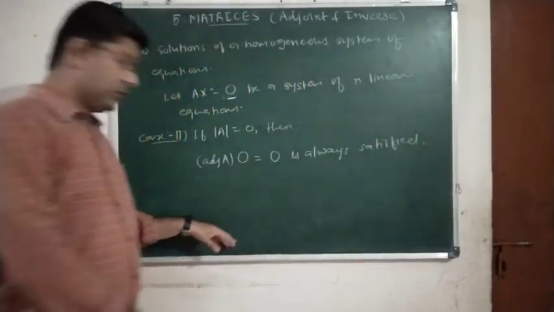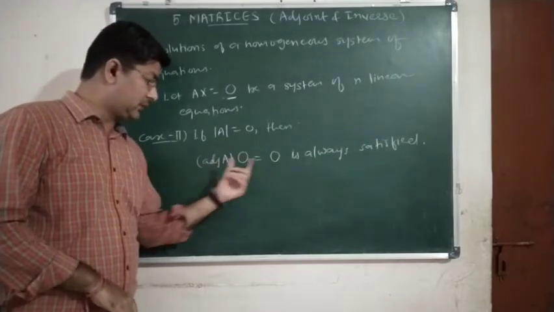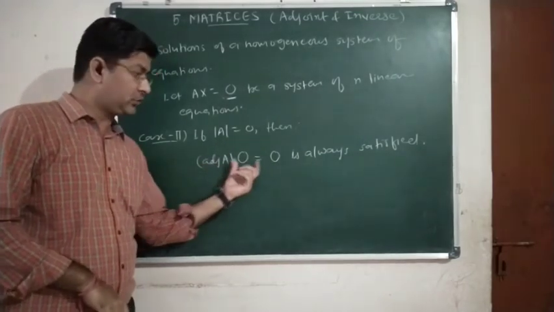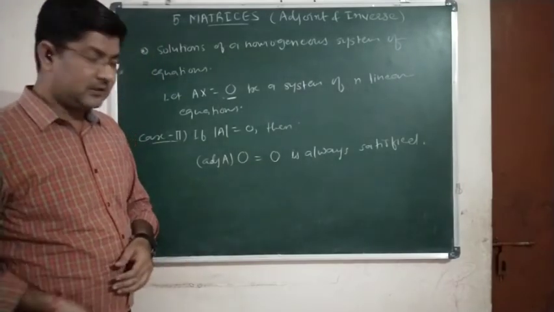Clear? So the second condition, if determinant of A is 0 and adjoint of A into matrix B is also 0, then we know that the system of equations has an infinite number of solutions.